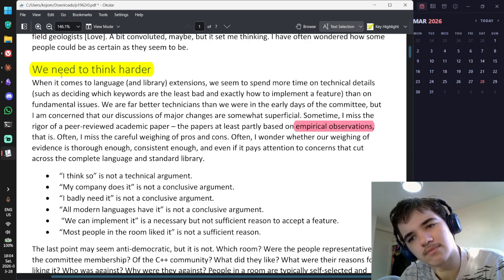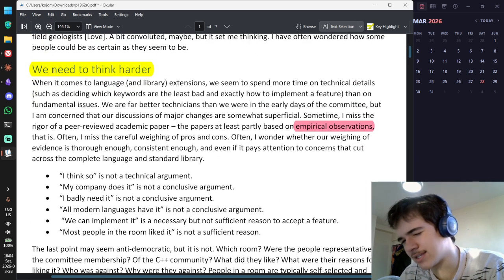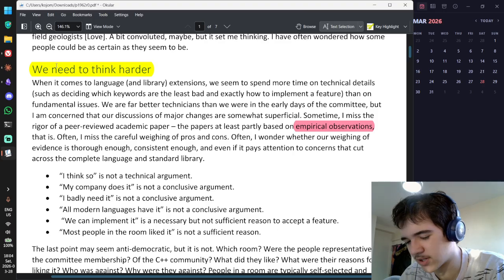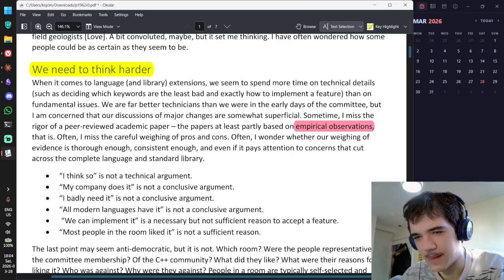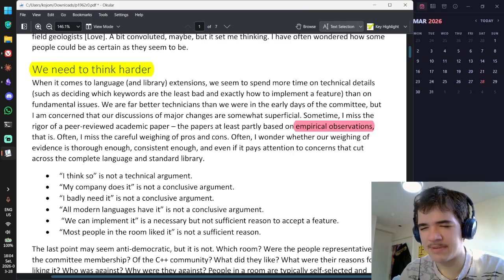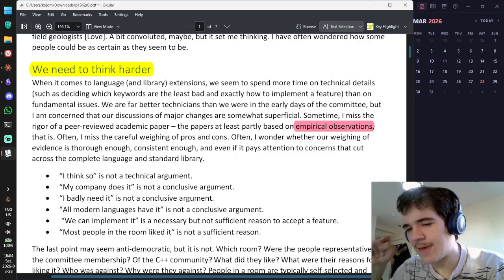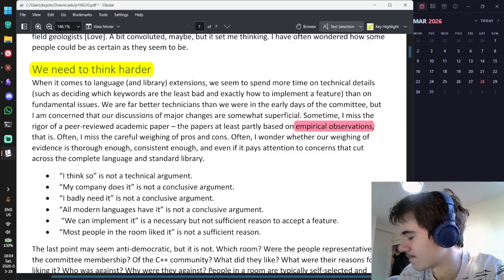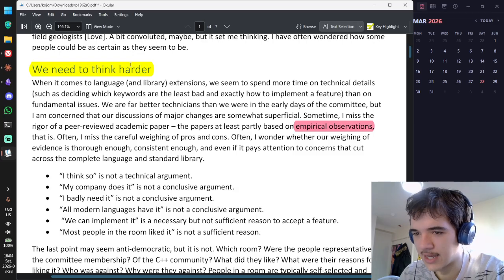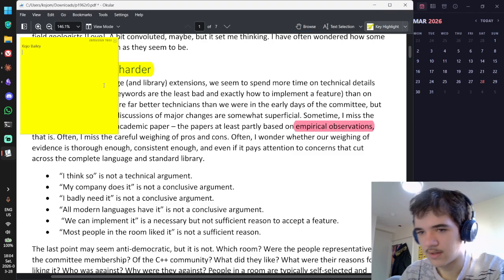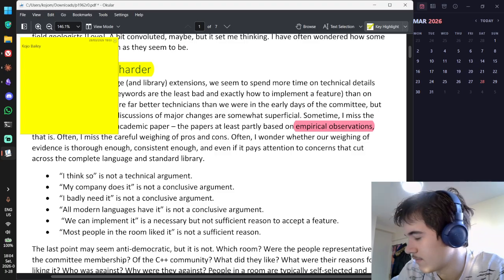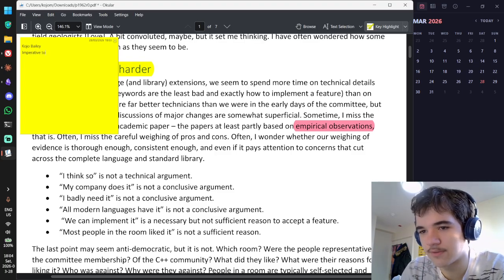I'm just thinking if I highlighted this, I should probably give some kind of context as to why. Obviously it stands out to me, but many things stand out to me. Why this in particular? We need to think harder. I guess what's interesting about this is the imperative language, the imperative tone.